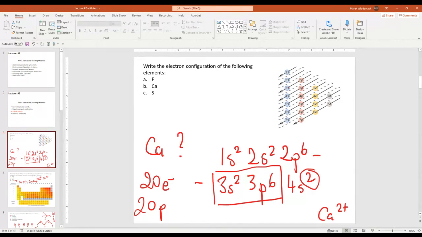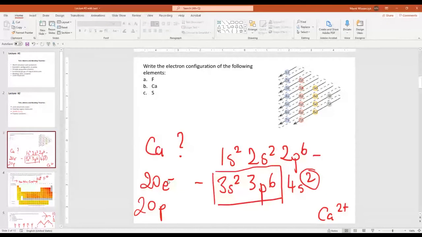And if it's an anionic species, let's say an S2-, that means that you have to add 2 electrons to the electron configuration to obtain again the noble gas configuration, which gives you the octet on the valence shell.